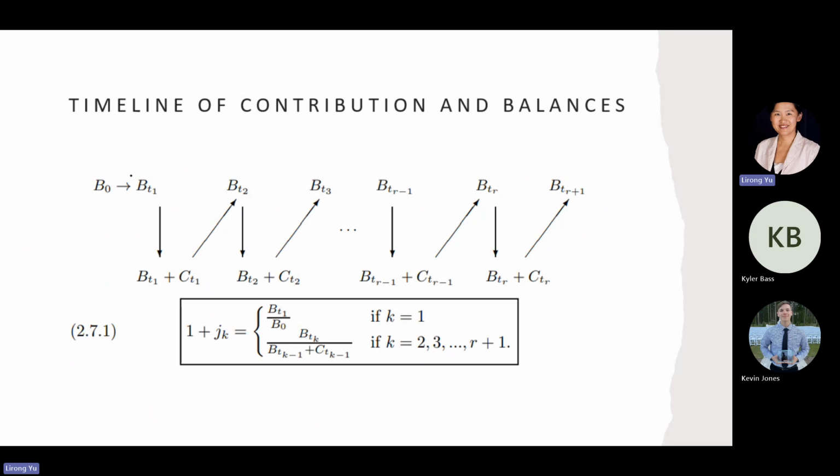And then from BT1 plus CT1 to BT2, we call it BTK over the growth factor. So for all the slanted lines, we do a division to capture that growth factor. So the growth factor is BTK over BTK minus 1 plus CTK minus 1.